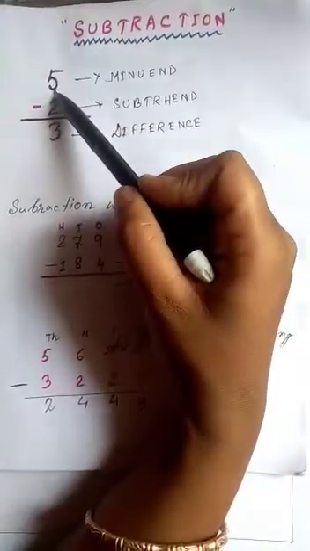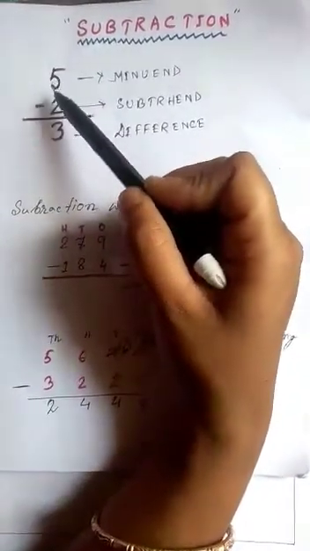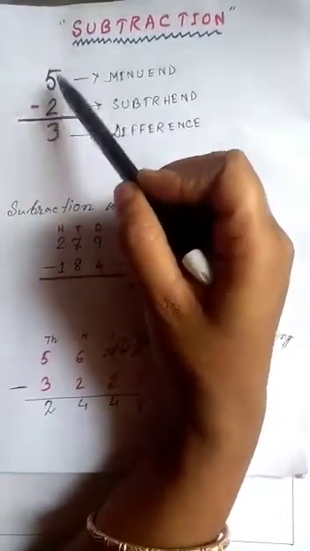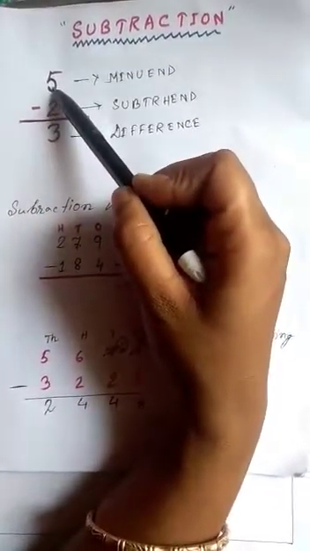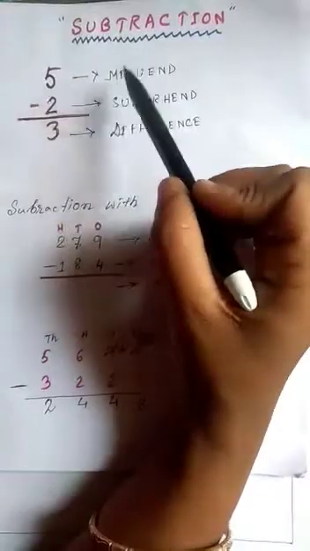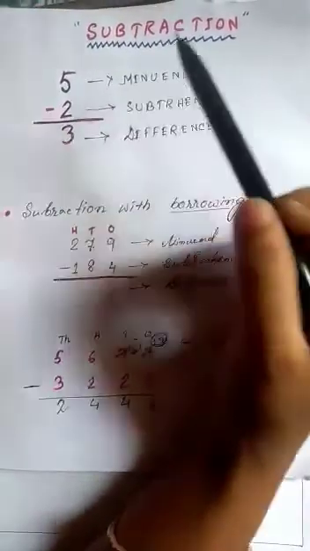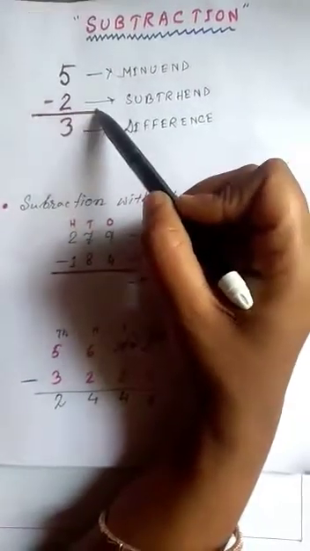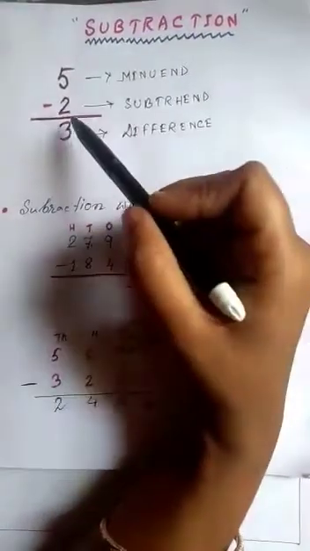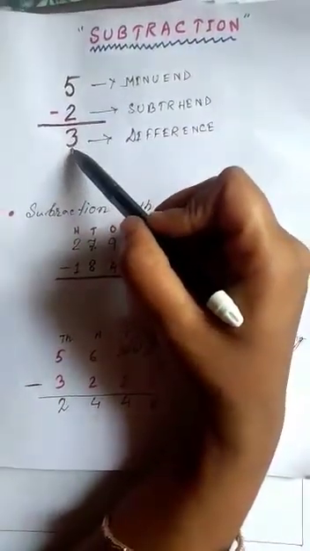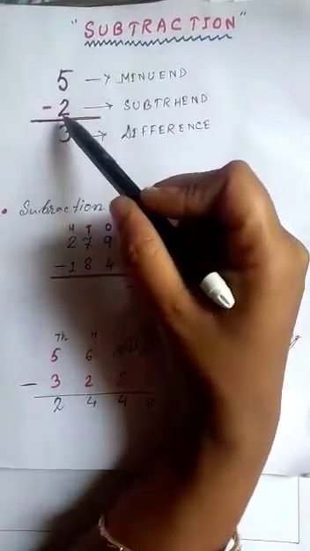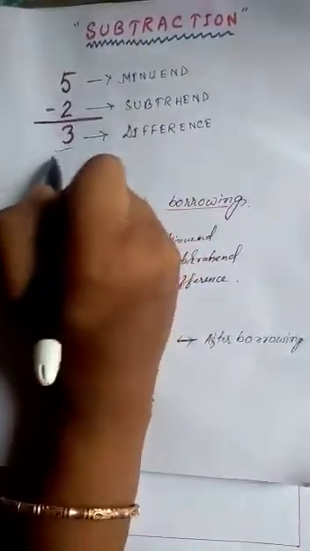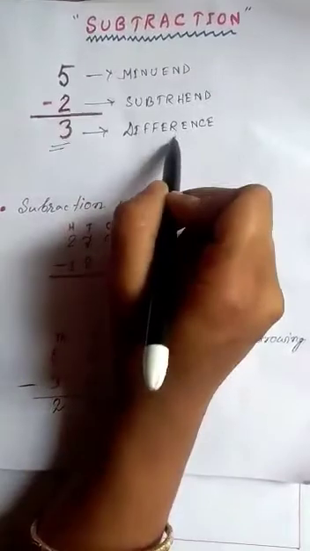Suppose you can see here I have subtracted 2 from 5, and 5 is the larger number, so this 5 is called the minuend, and 2 is the smaller number and 2 is called the subtrahend, and the result which we are getting after subtraction, that means this 3, is called the difference.